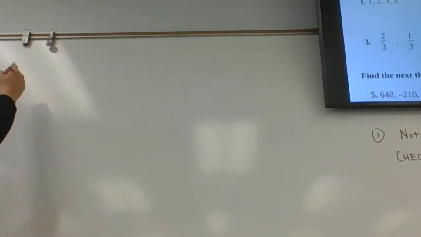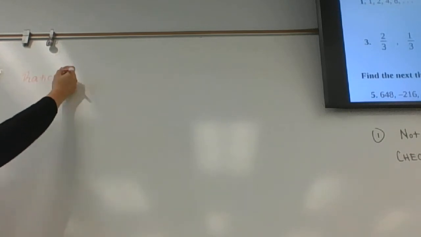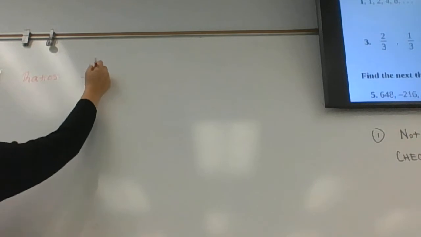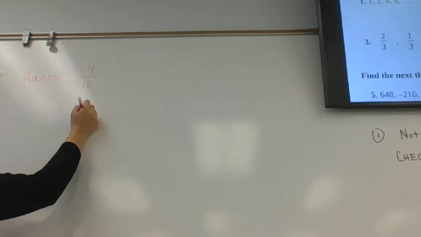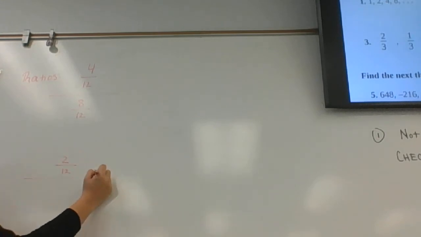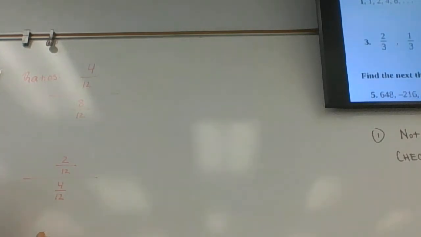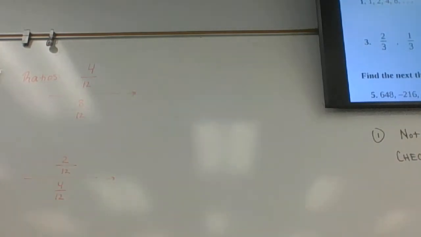So our first ratio, we would do 4/12 divided by 8/12. We would do 2/12 divided by 4/12. And last, we would do 1/12 divided by 2/12. We're going to simplify these complex fractions.